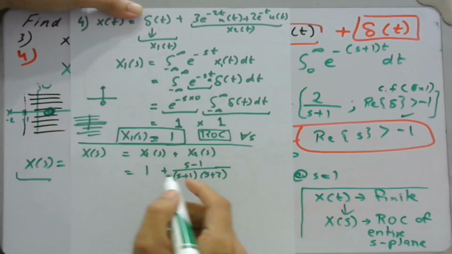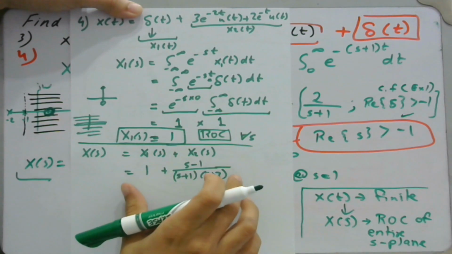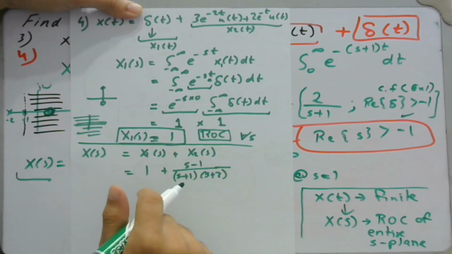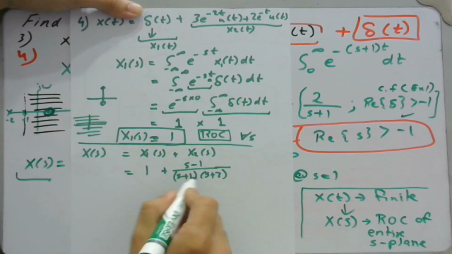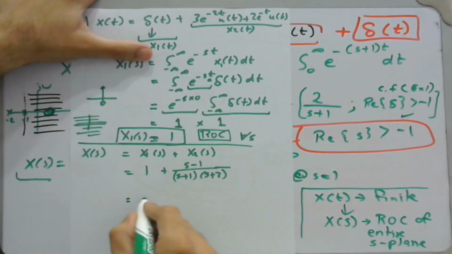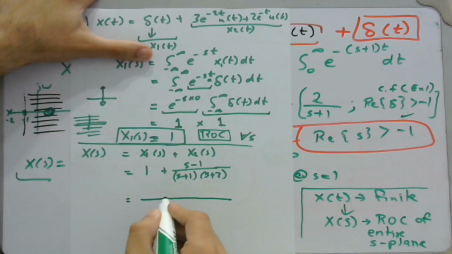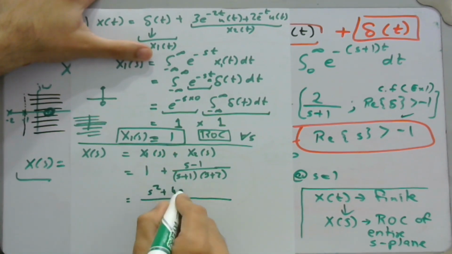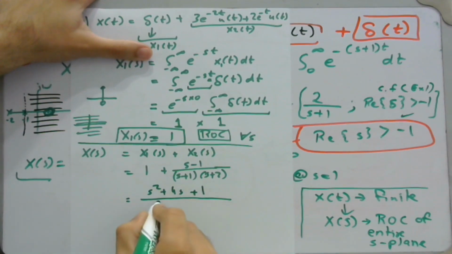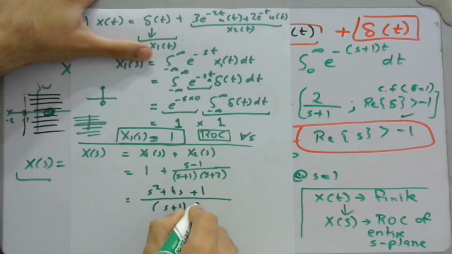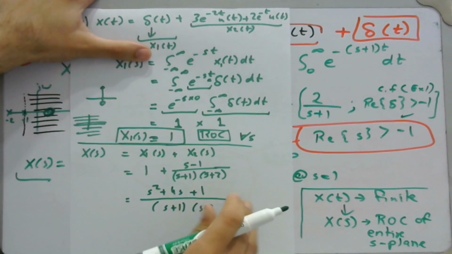So coming back to our present example, we have 1 plus s minus 1 over s plus 1 times s plus 2, and by solving that you would have s squared plus 4s plus 1 over s plus 1 and s plus 2.